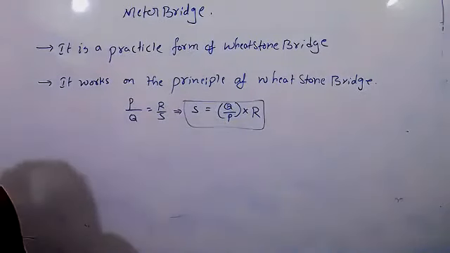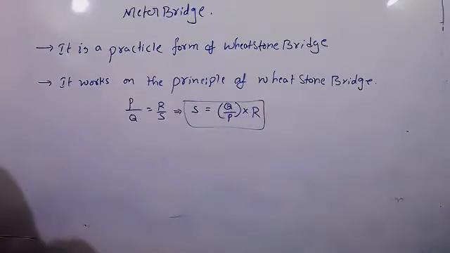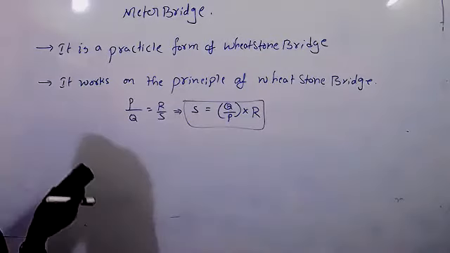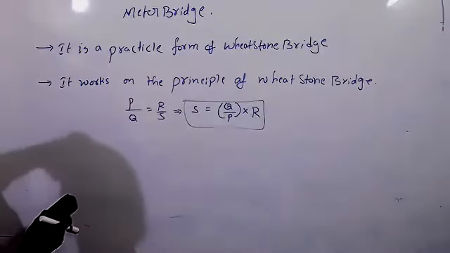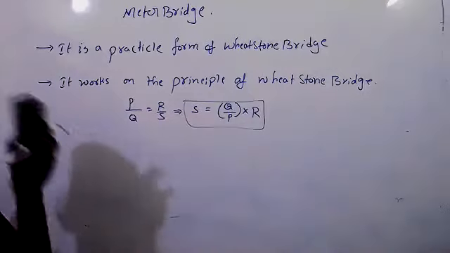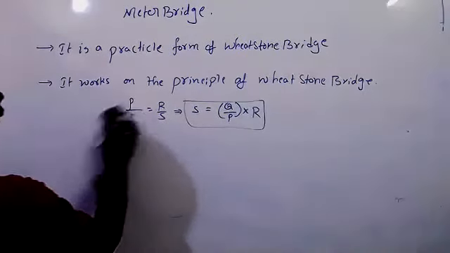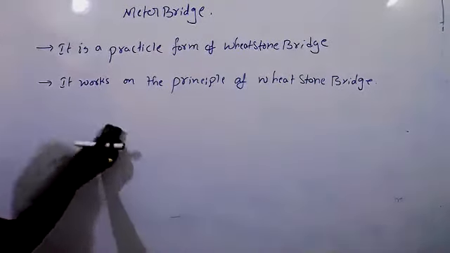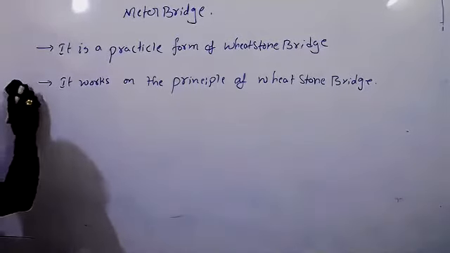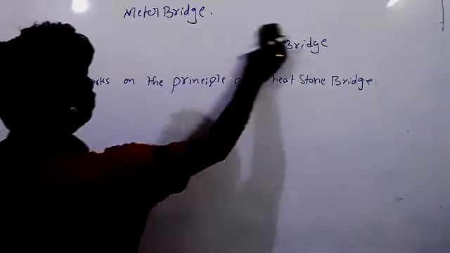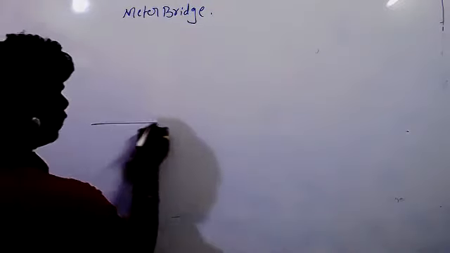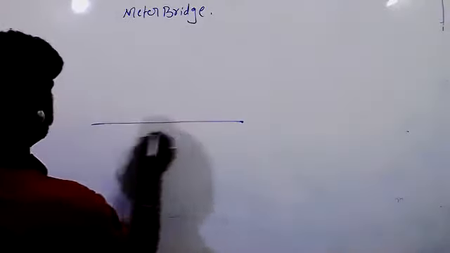Now see the construction of the meter bridge. It is one of the practicals for you. Look at this carefully and write these 2 points. The meter bridge contains one wire of length 1 meter. That's why it is a meter bridge.